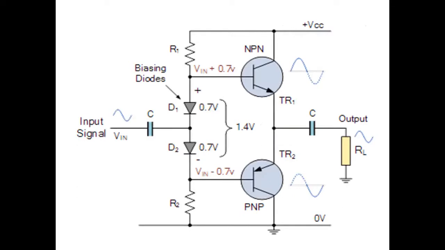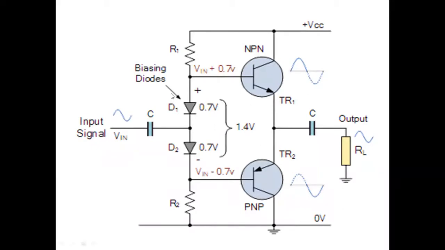Crossover distortion is the distortion which appears when there is no cut-in voltage at the base emitter junction. When there is no voltage of 0.7 volts at the base emitter junction, automatically the transistor is in off condition.